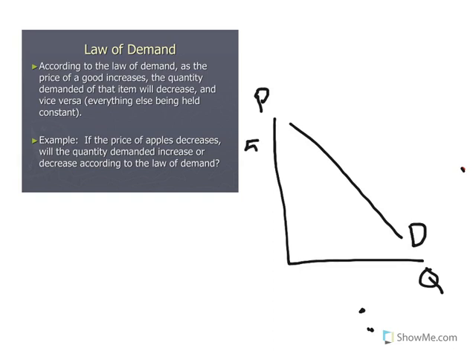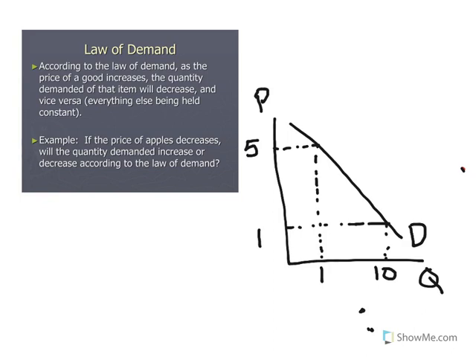So in other words, if the price was up here at $5, hypothetically we can say quantity demanded is 1, whereas if the price drops all the way down here to $1, we can say maybe quantity demanded increases to 10. So again, we're seeing that as the price is falling, the quantity demanded is increasing, or vice versa. When the price is rising, the quantity demanded is decreasing.